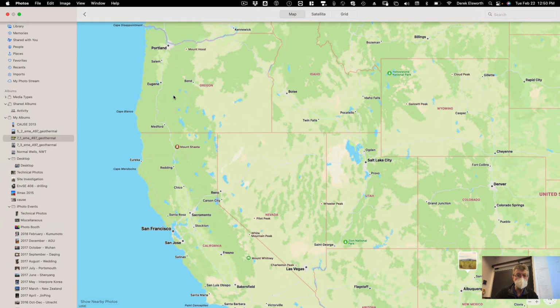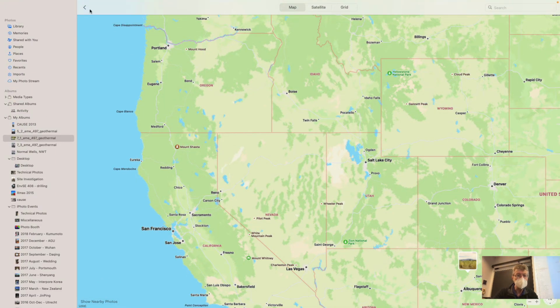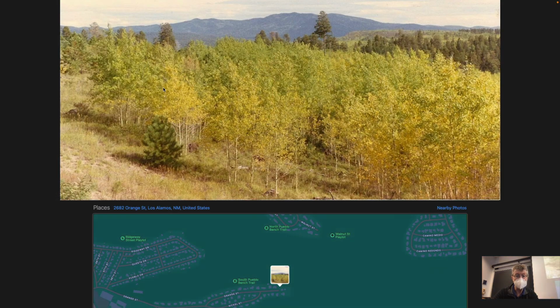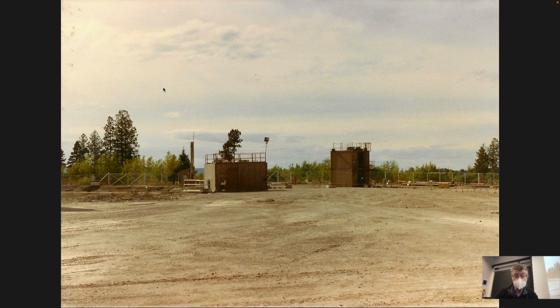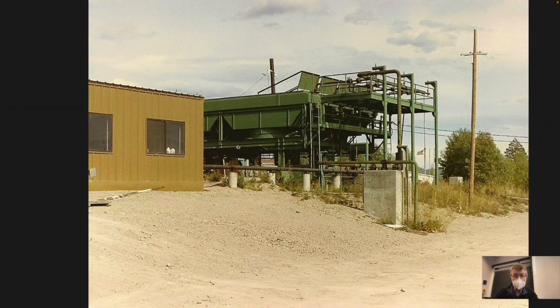And I guess, does this take me back to the photos? It does. So Fenton Hill, the former hot dry rock geothermal site. This was 1987, 89. Already it's been abandoned by then. The wells have been taken off site.